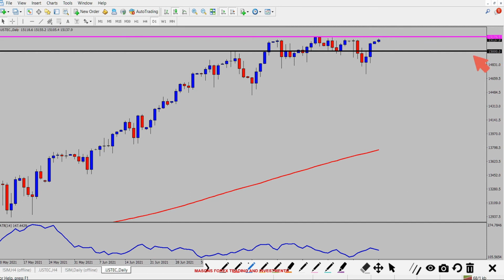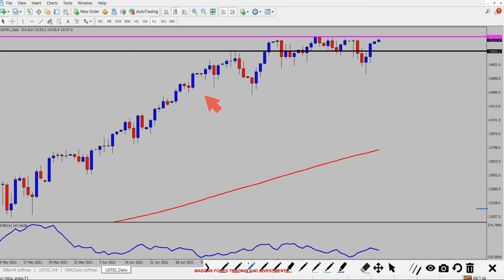And if you look at the level of 15,000, first of all, it's an even number. An even number can actually be used as a support or resistance level. If you go back in time, to your 13,000 level, which is somewhere around here, your 13,000 level, your 14,000 level, all are even numbers.